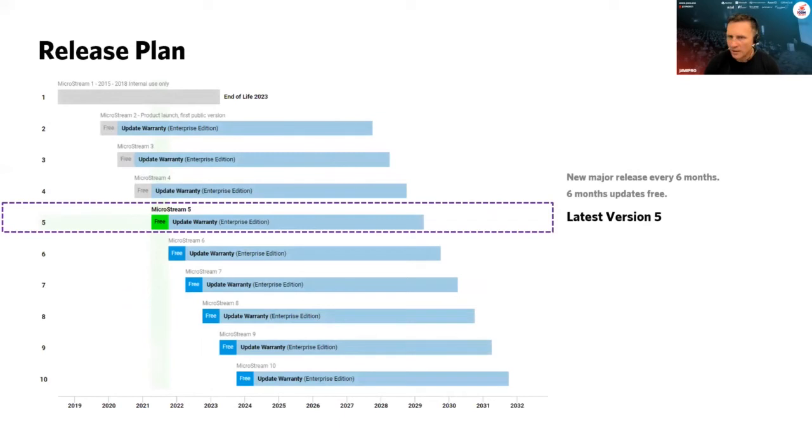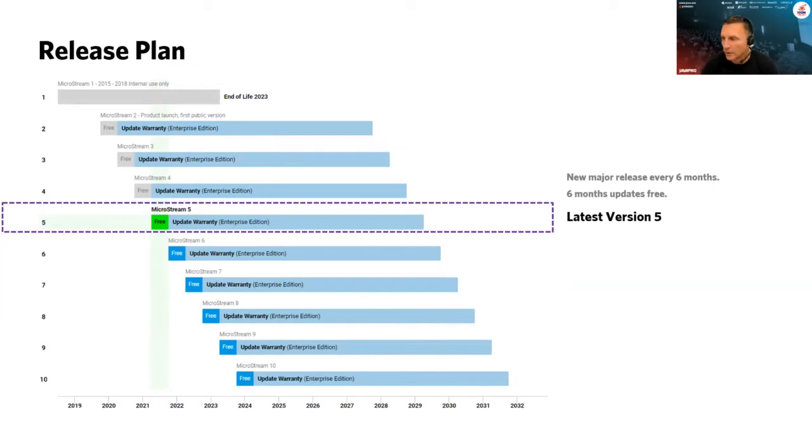MicroStream is open source, and we release MicroStream every 6 months, which means the next version, 6, will come. Florian mentioned that perhaps we can launch MicroStream version 6 during the JCon.